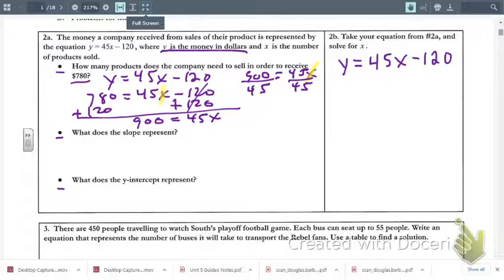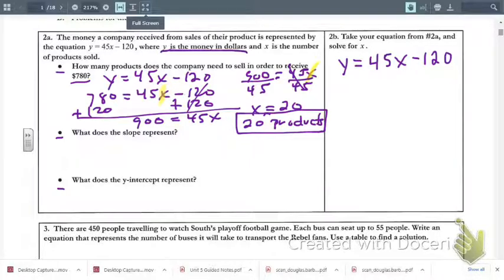So we're going to divide both sides by 45. And so we have x equaling 900 divided by 45, which is equal to 20. So our answer is 20 products will yield the company $780.